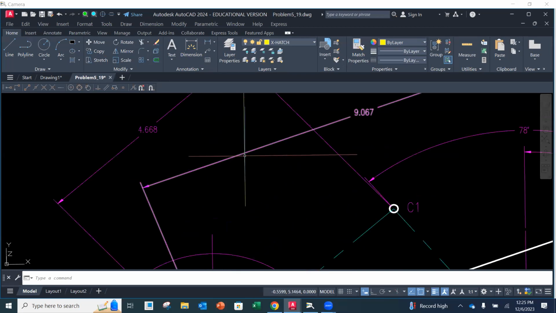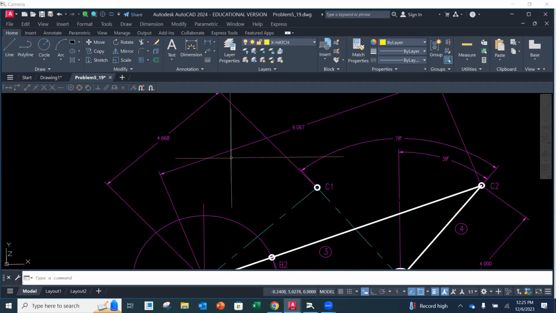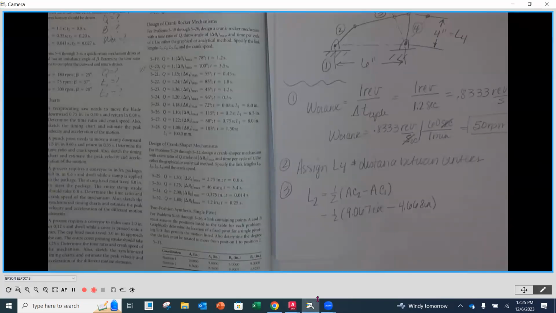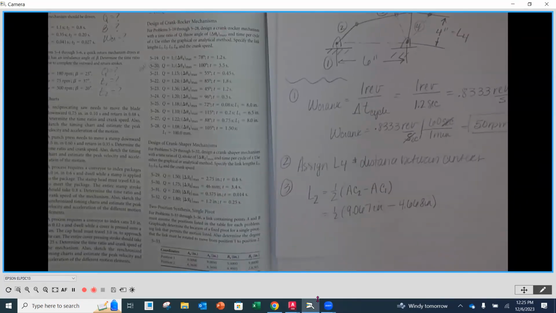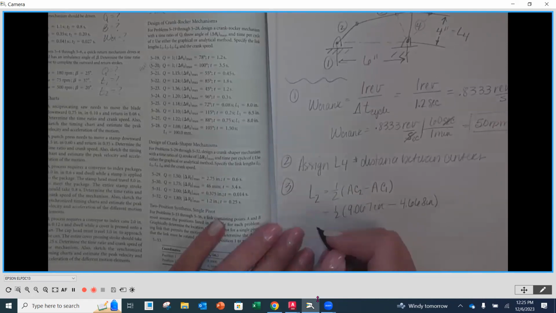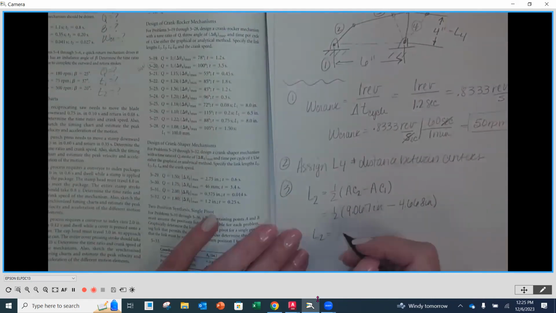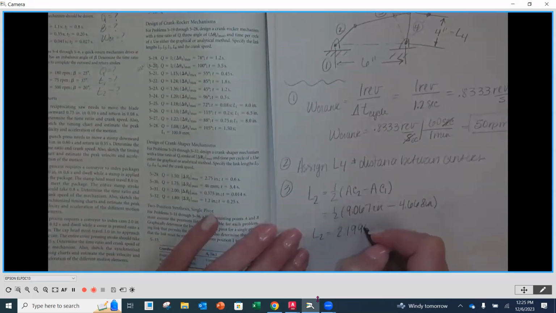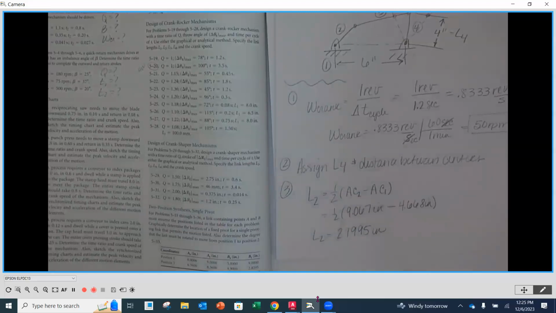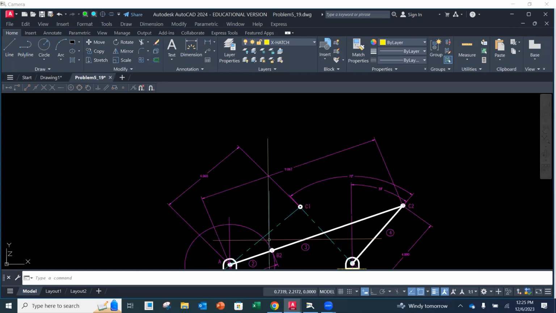I'll zoom in here a little bit so you can see those numbers better. Then going underneath here and working those numbers, 9.067, 4.668, subtract, and then take half of that. So my L2 is going to be equal to 2.1995 inches. Okay, 2.1995 inches. So if we go back here to AutoCAD, let's see.